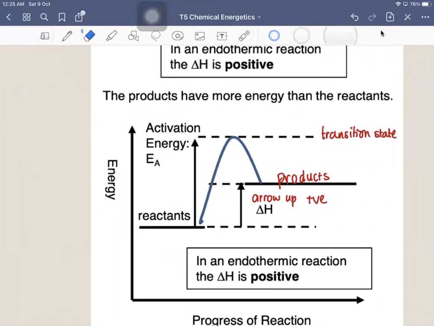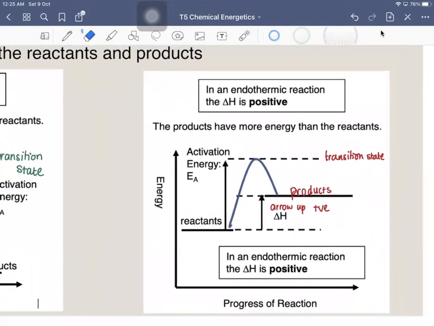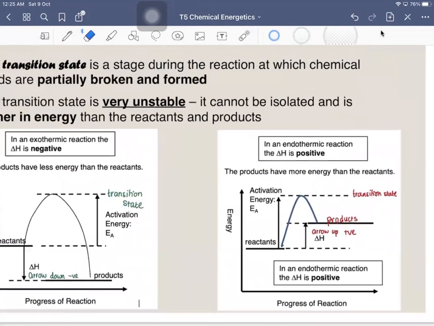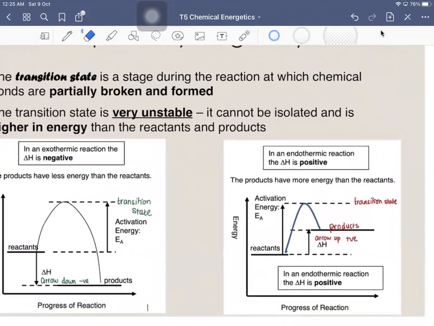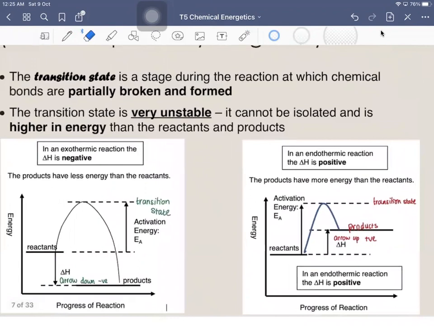So what else do I want? Transition state labeled for the exothermic and endothermic reaction. Please take note that the transition state is only temporary because it is very, very unstable. It cannot be isolated.